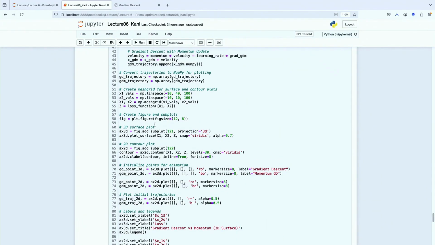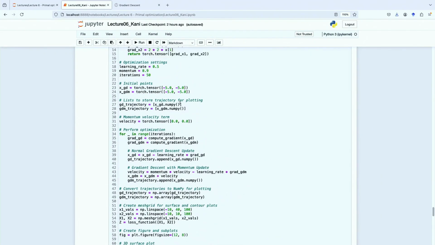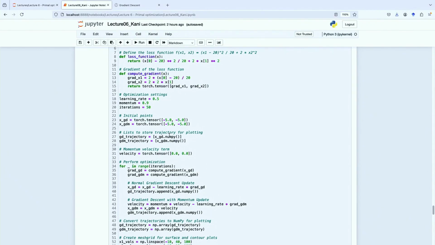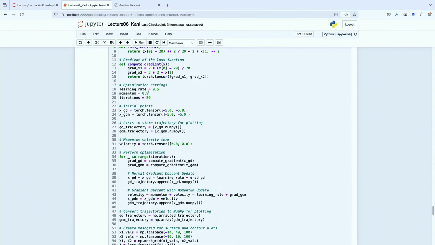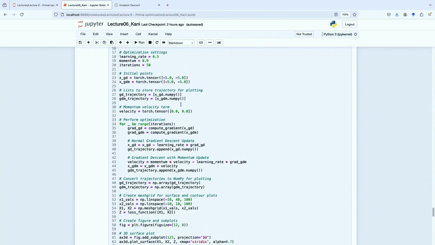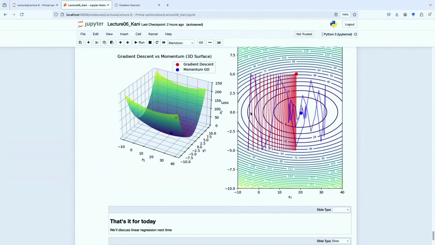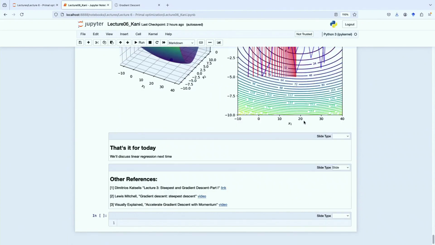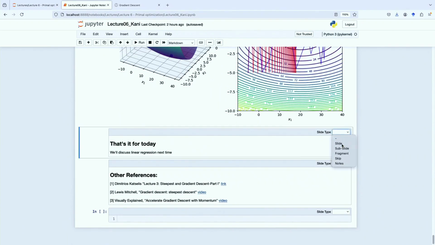All of this is boilerplate. So you could play around with the actual loss function and the momentum and learning rate parameters if you want to see what will happen. And you can make it better. Let me know if you make the visualization better, because this isn't my best work, but it's not too bad. So can't be too down on it.